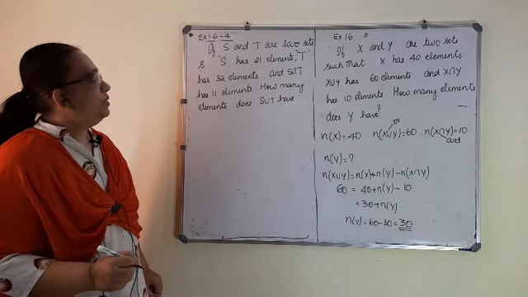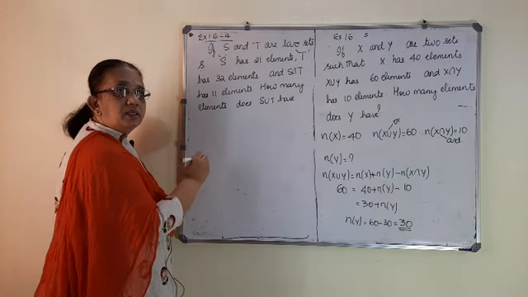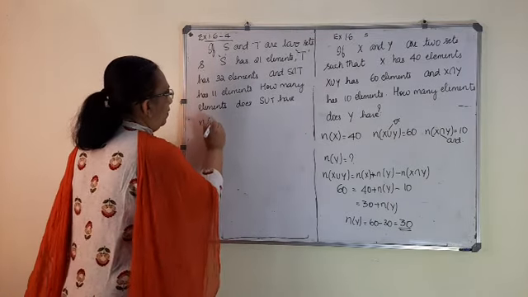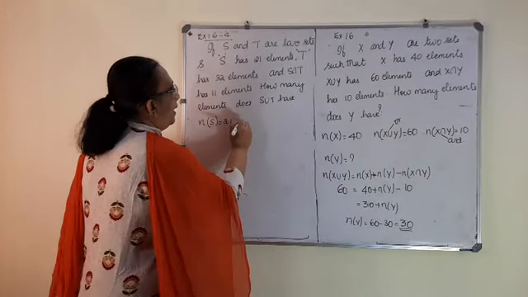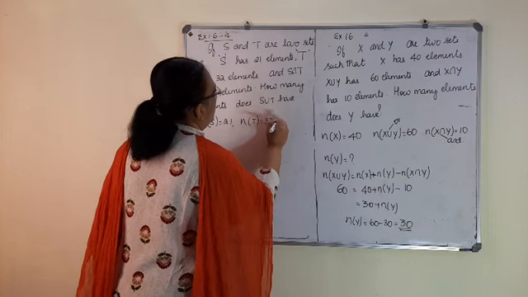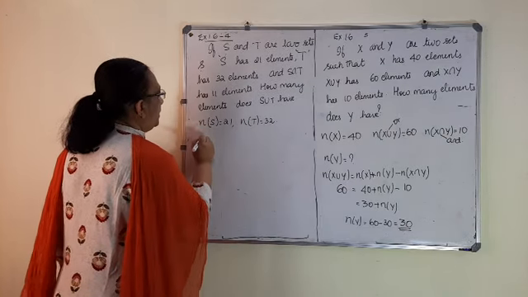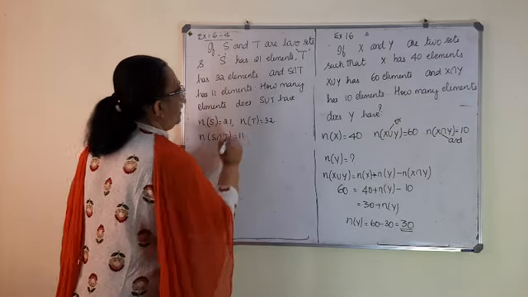If S and T are two sets such that S has 21 elements, n of S is equal to 21, T has 32 elements, and S intersection T has 11 elements.